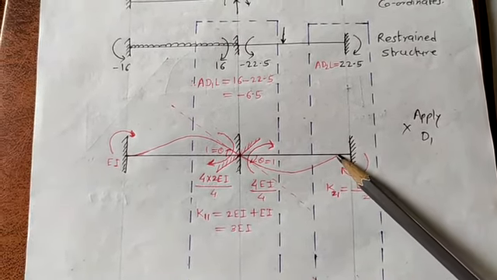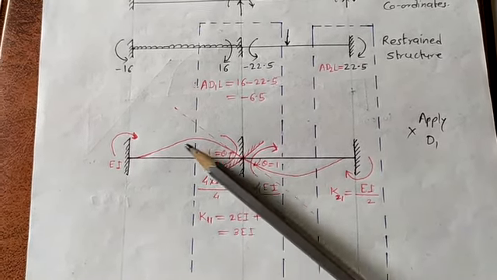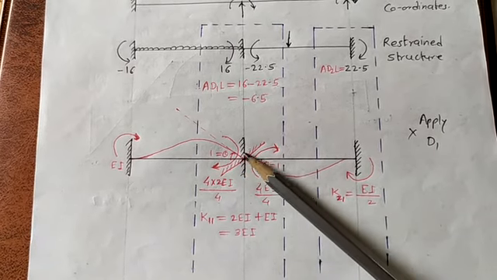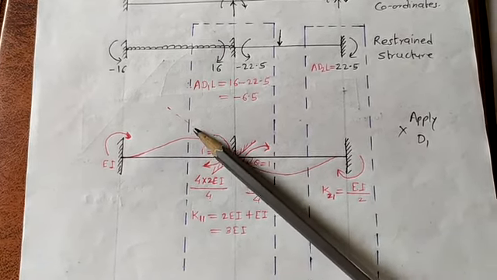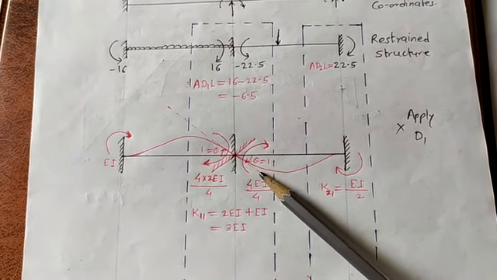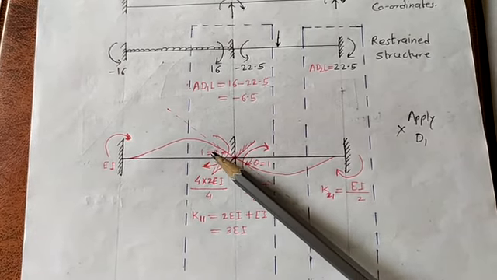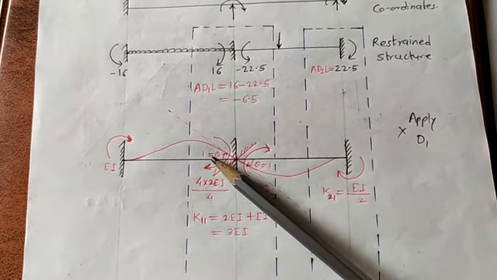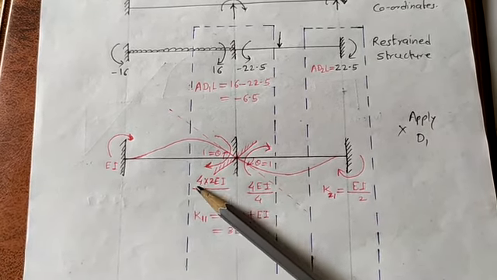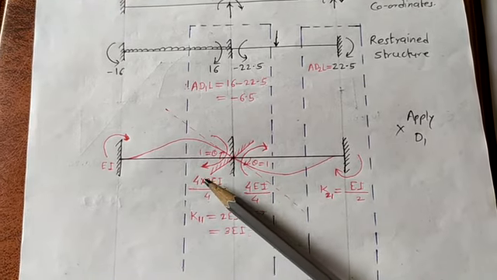At the B end we are going to apply rotation, and here I have drawn a tangent to that slope. If I want to get theta equals 1, I have to apply a moment of magnitude 4 EI upon L.